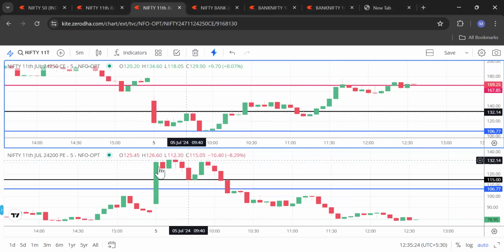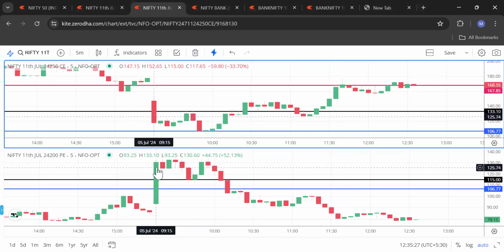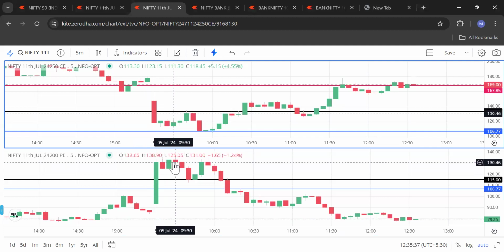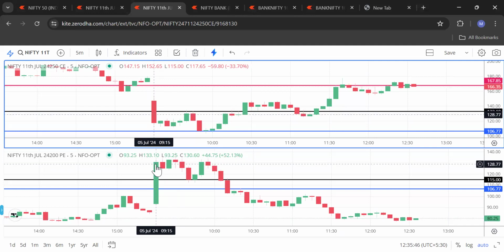Now see, on the very first candle, this call is above 106. Its close is 130. You calculate the midpoint whenever, whichever time. The price is above the midpoint. Correct? The price is above SPP.